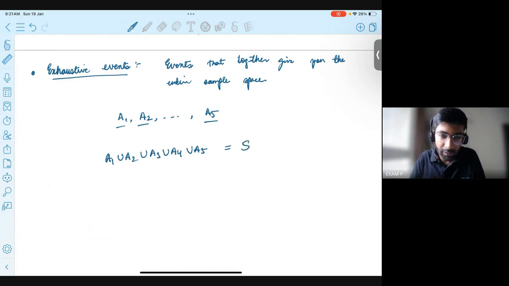Sample space is generally denoted as S. If that is the case, then these events are said to be exhaustive events. This is the mathematical condition.